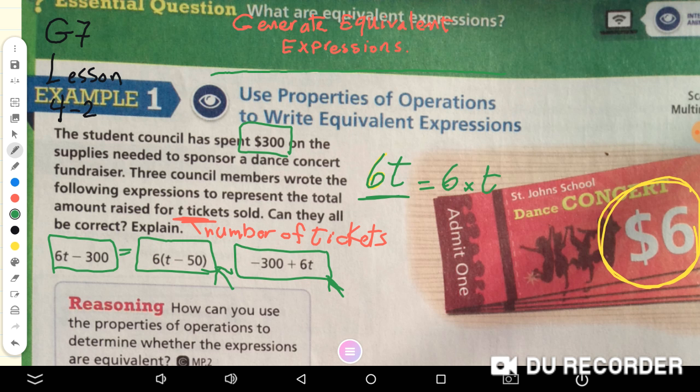We have to use something called the properties of addition. When we are adding or subtracting, we have some properties.